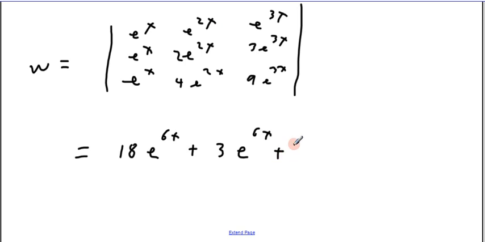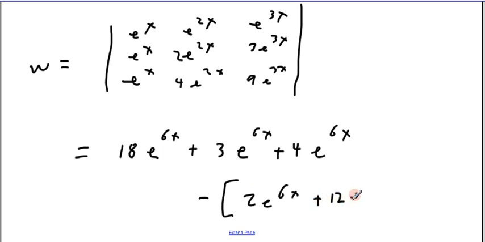4 e to the 6x minus, going the other way, 2e to the 6x plus 12 e to the 6x plus 9 e to the 6x.